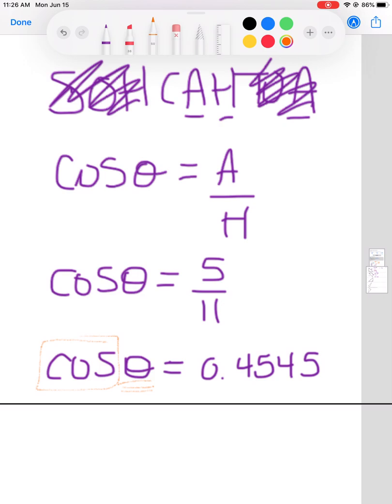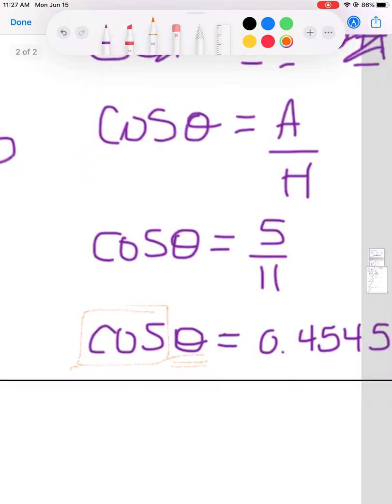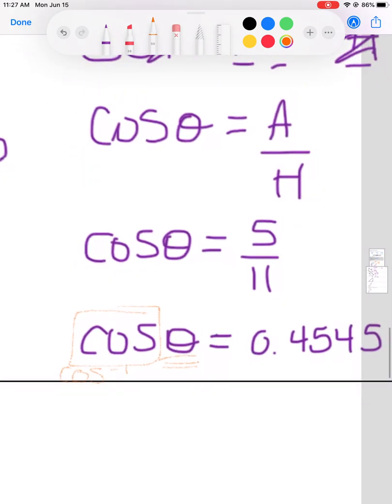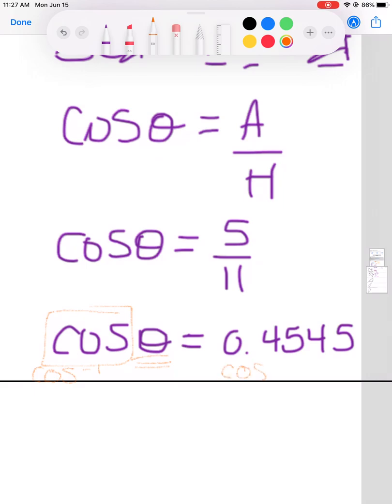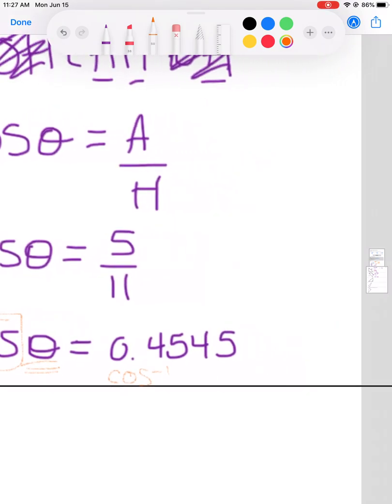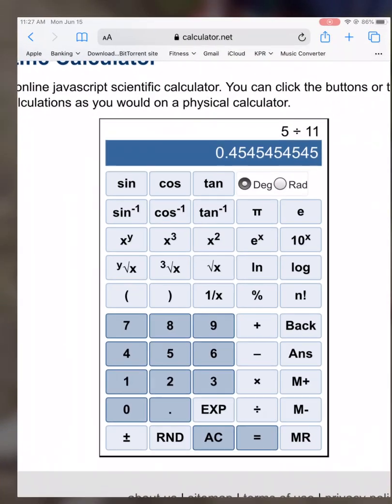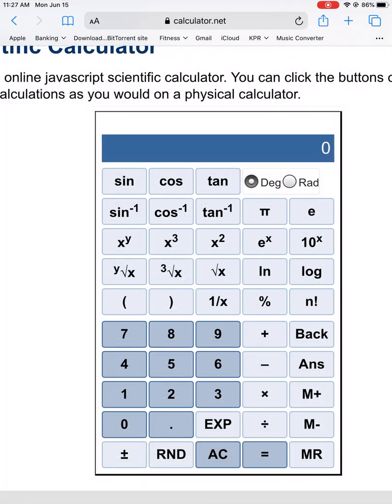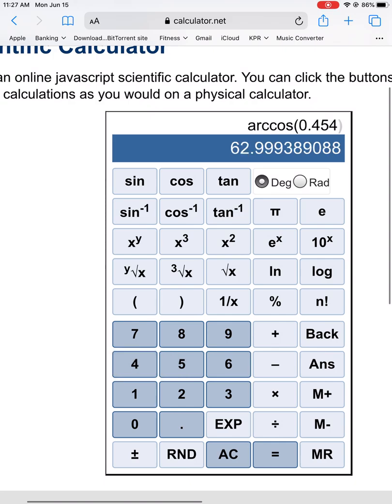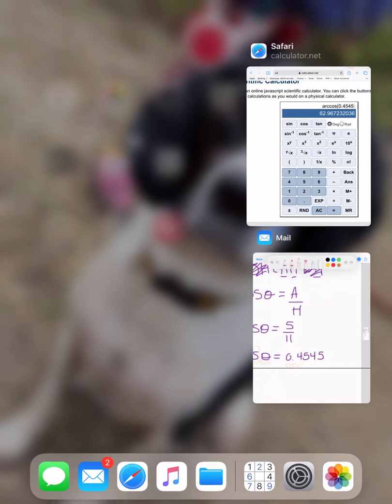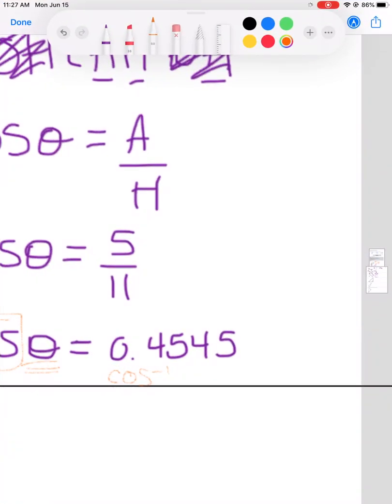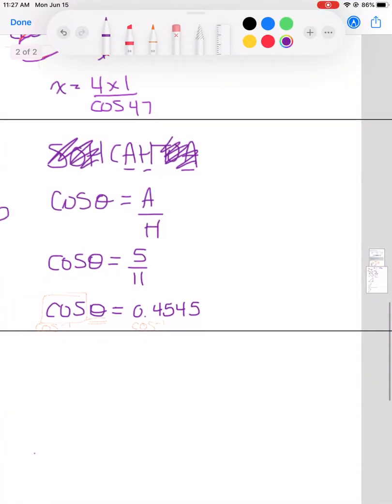How do I get rid of that? Well, cos to the minus 1 of 0.454545 is 62.967, or if we round that up, it would be 63. So theta is equal to 63 degrees.